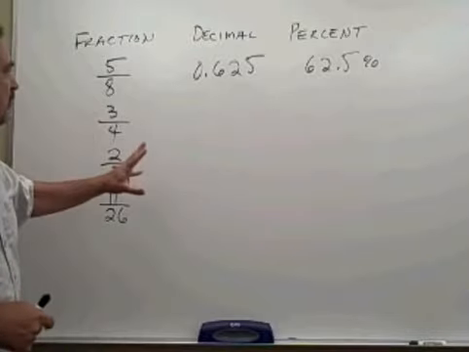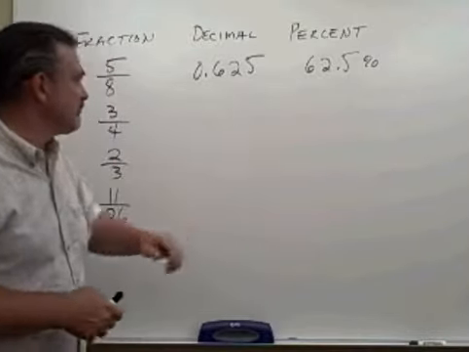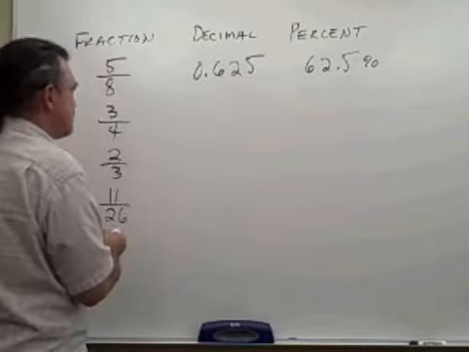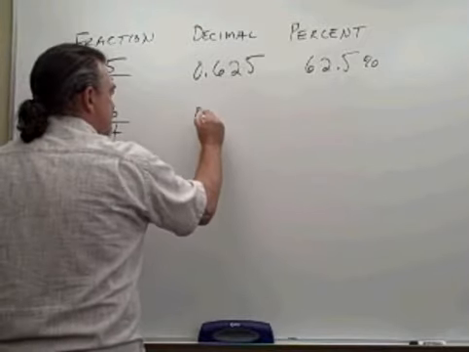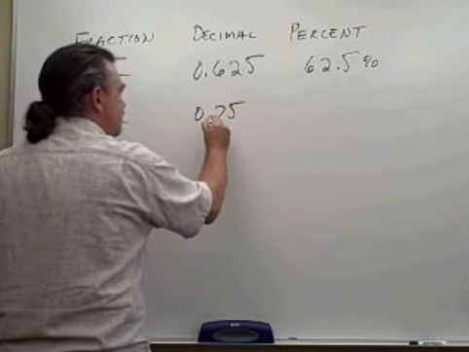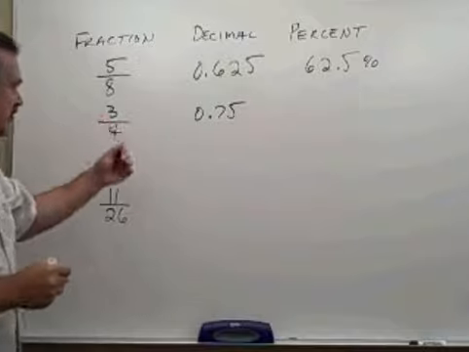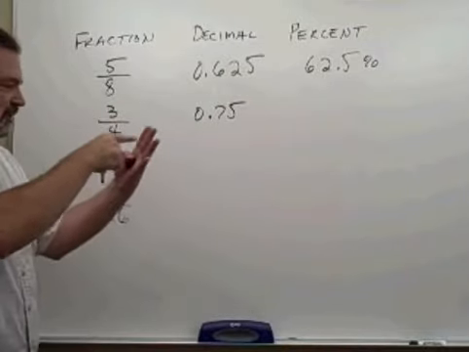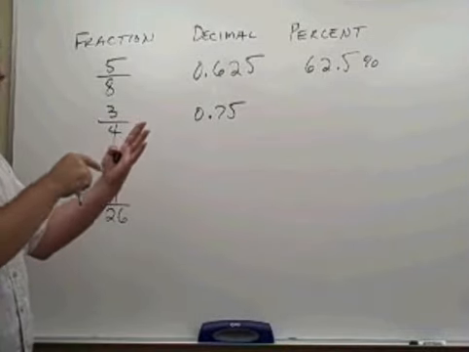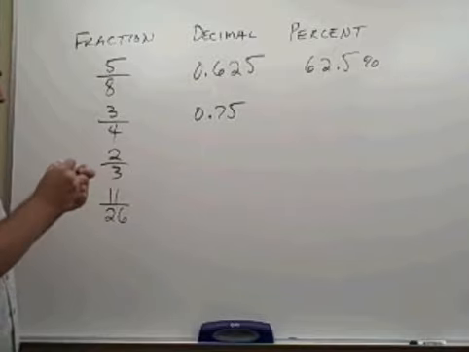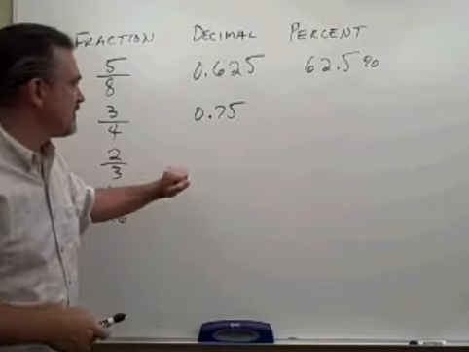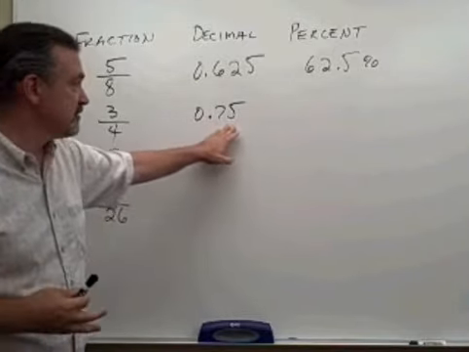3/4. Again, we could convert that to a decimal first before we get to the percent. Converting that into a decimal gives us 75 hundredths. Take the 3, divide it by the 4, 3, divide sign, 4, equal sign if you're using your calculator. And you would get 0.75, 75 hundredths.